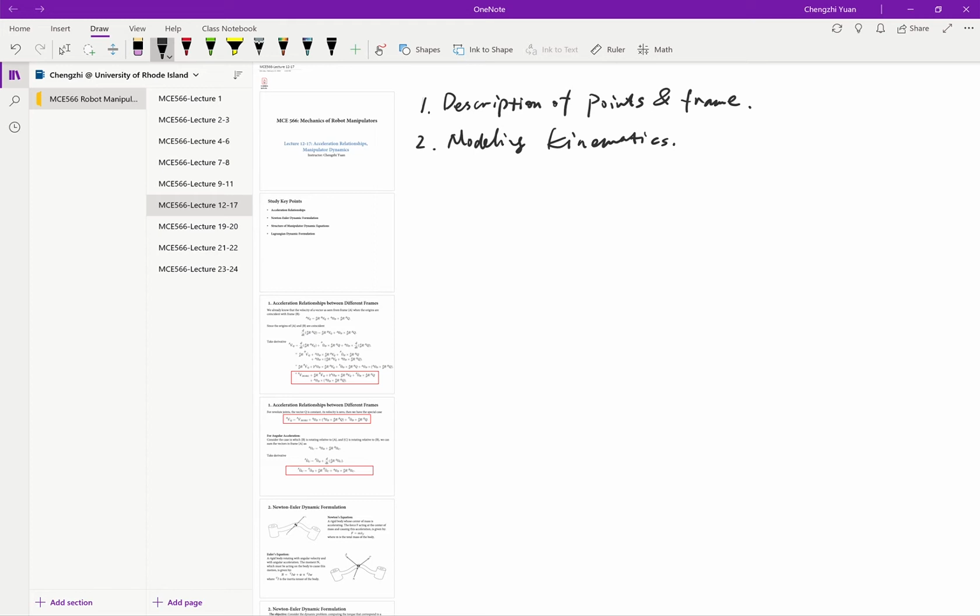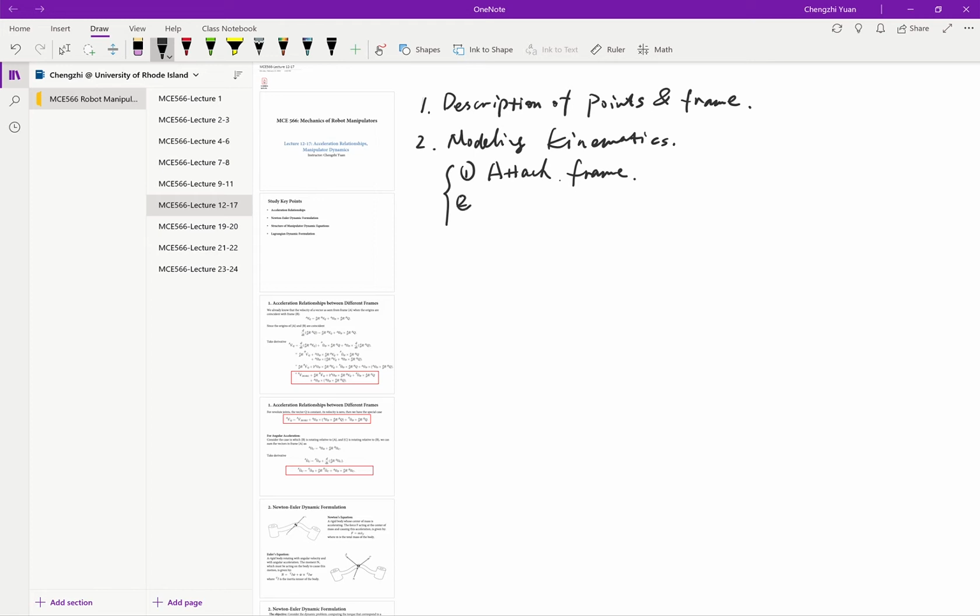Okay, so for the second part, it's very important for you to understand, one, how to attach reference frames for the given robotic manipulators. And how many steps do you have? You still remember 6 steps, right, to attach the frames.